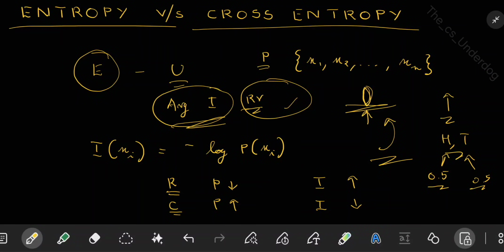But if I come and tell you that the event for which you gave 0 probability, the coin not landing on heads or tails but staying like this on the floor, this particular thing gives you a lot of information because it surprised you.